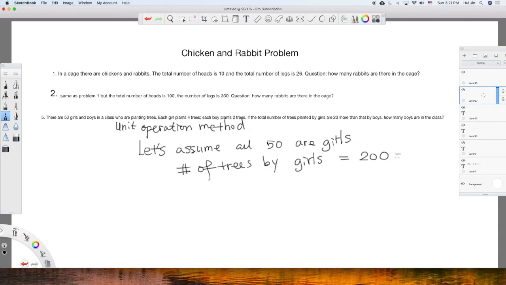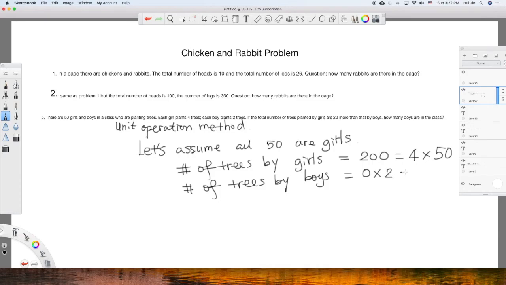Of course, that's 4 times 50. Total number of trees by boys will be equal 0 times 2 equals 0.